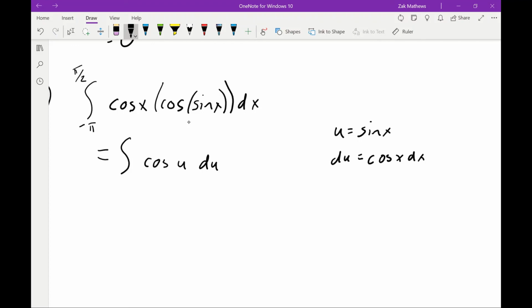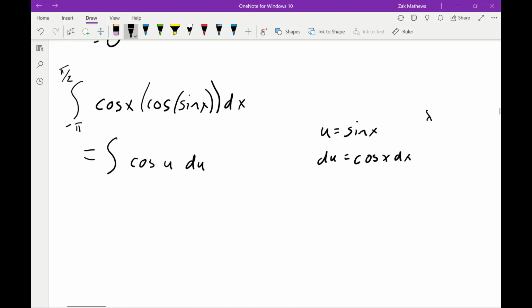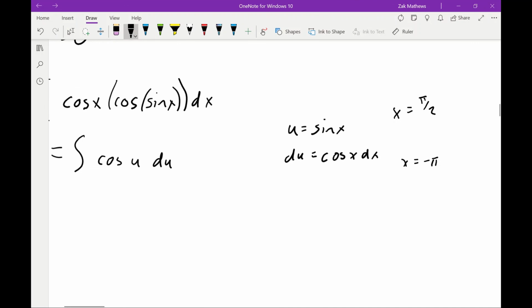But I still need to change those upper and lower limits, so let's do that next. We have an x value of pi over 2, and we have an x value of negative pi. And so u here, sine of pi over 2, that's equal to 1. And then here, sine of negative pi is 0.